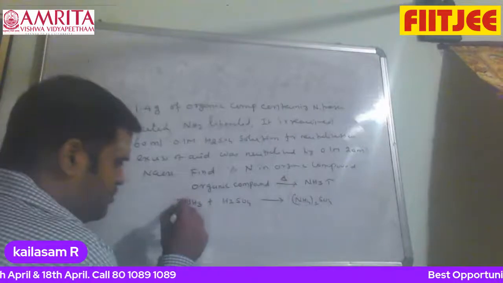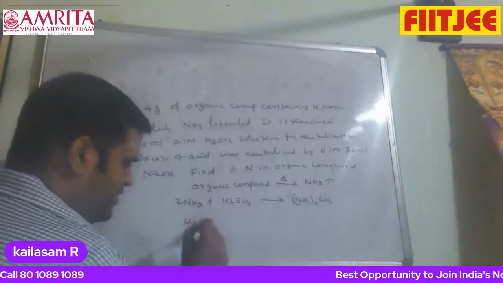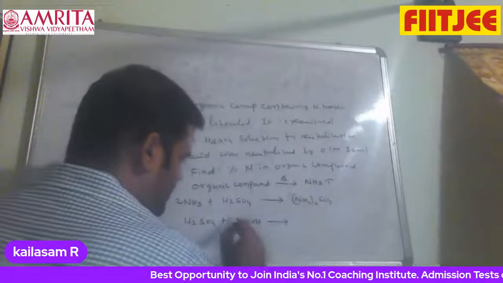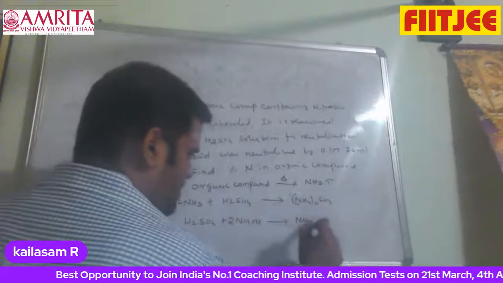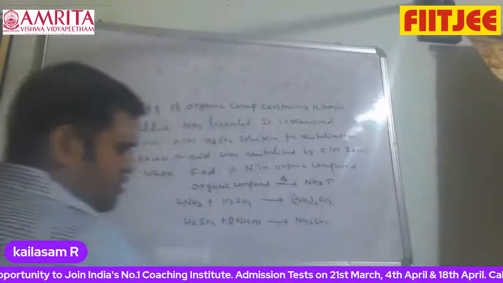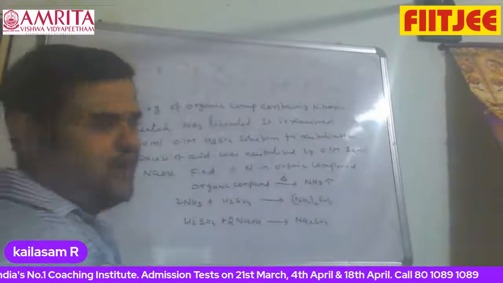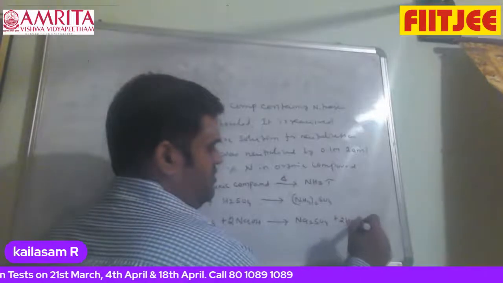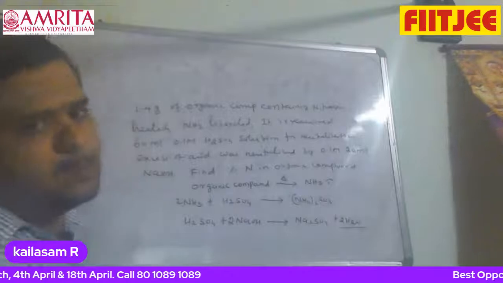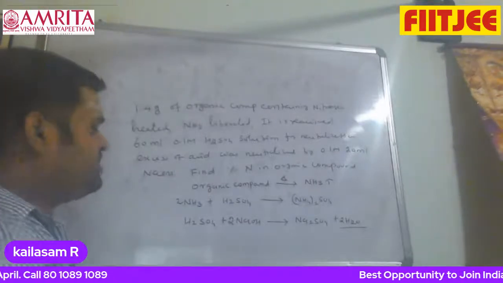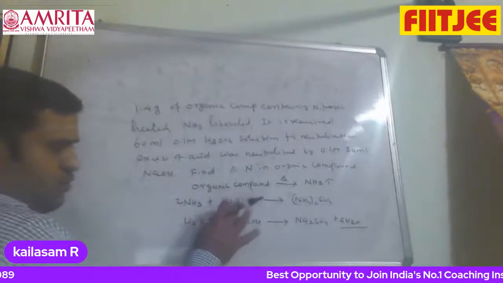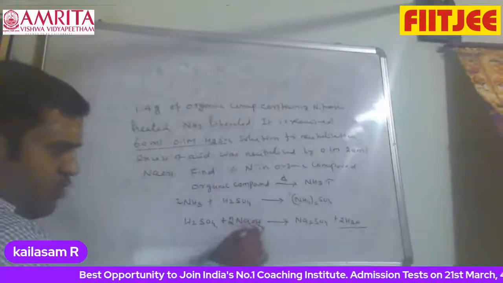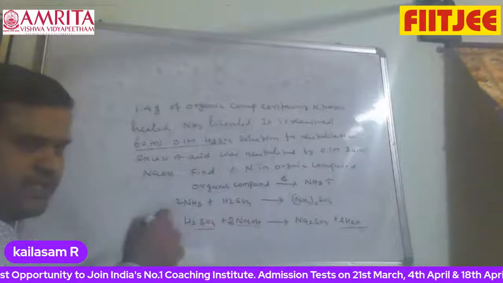Now balance it, to get the excess of acid. Let's do it. Now come to that. As per the equation, 2 mole of NH3 requires 1 mole of H2SO4. I don't know how much sulfuric acid reacts with ammonia, but I know how much sodium hydroxide reacts with the sulfuric acid.